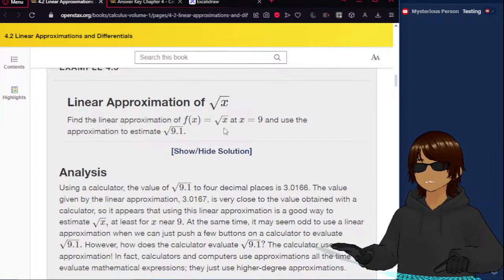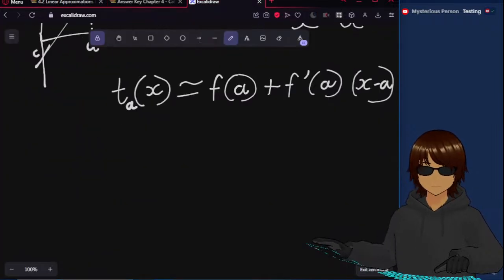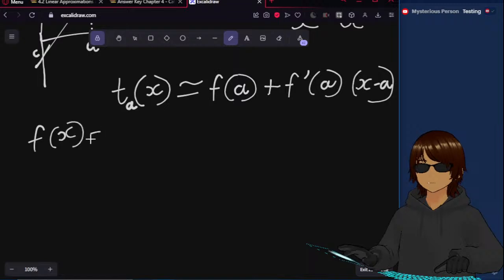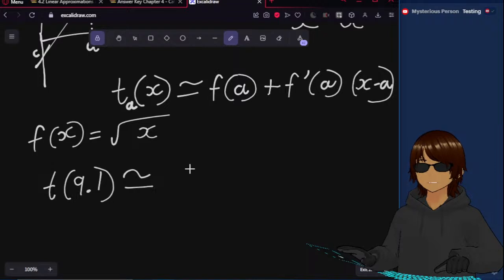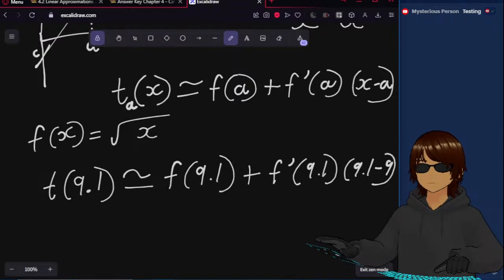Find the linear approximation of this. So let's say f of x is equal to root x at 9.1. It's about the same as... whoops, wait.